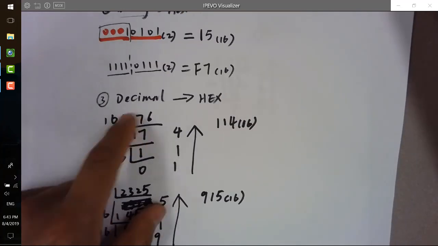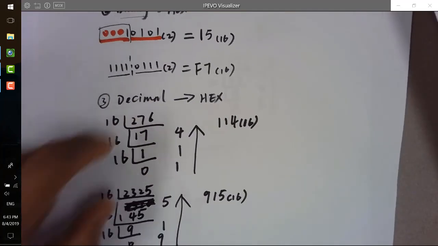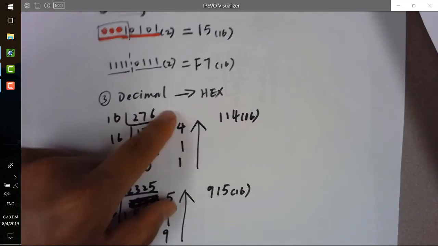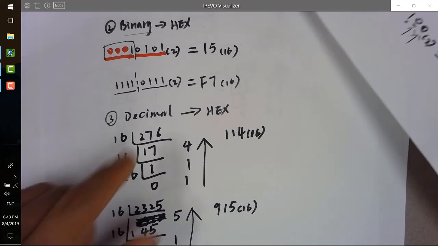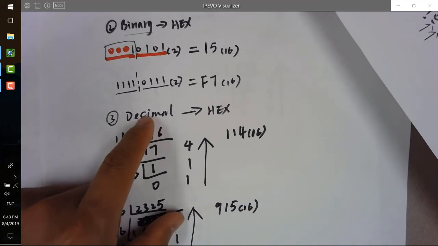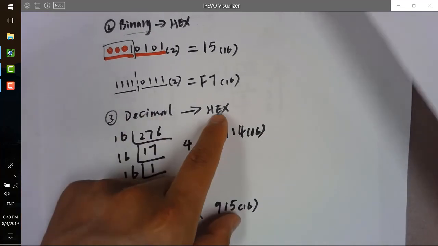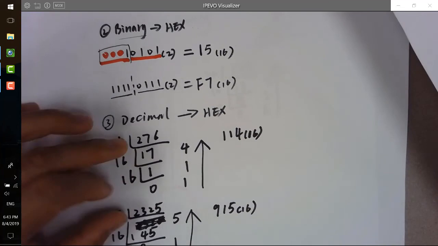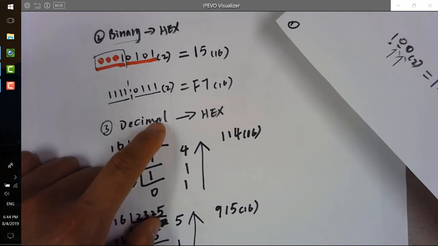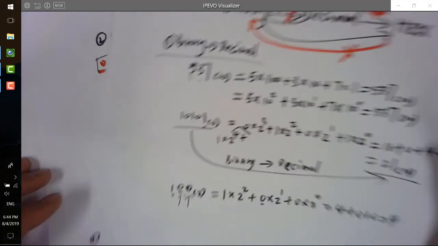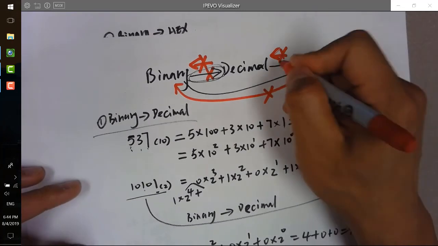Decimal to hex. We have to divide it by 16, in a pretty similar way to decimal to binary. So keep in mind, whenever you have a decimal number to be converted into a hex or to another number system, you are doing this division one by one. That's how you convert from decimal to something else. So decimal to hex is done.